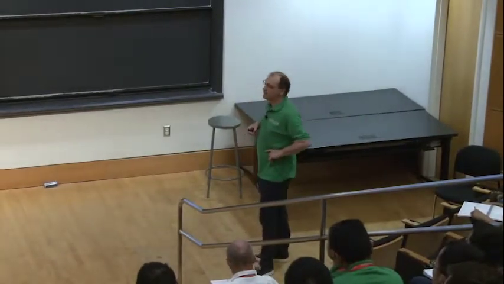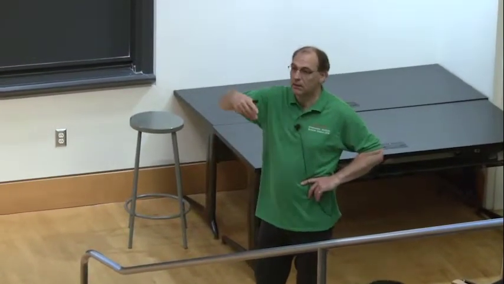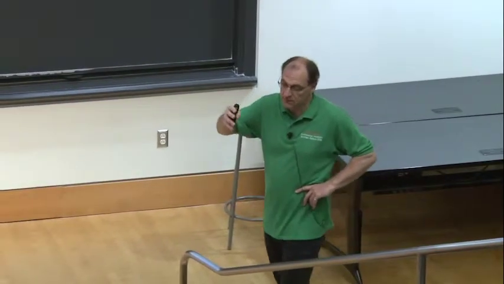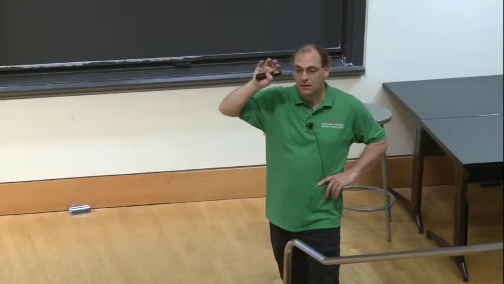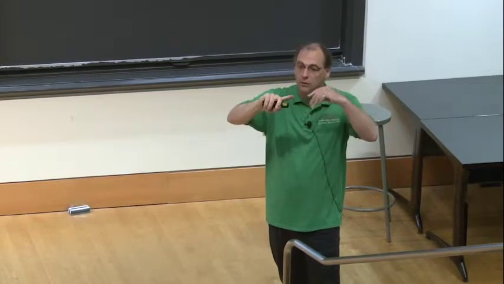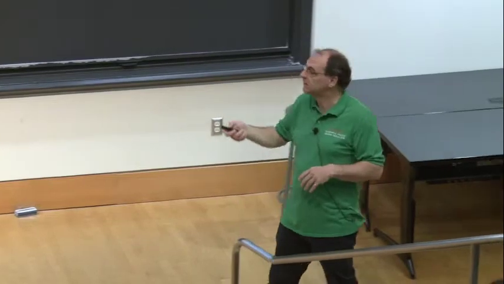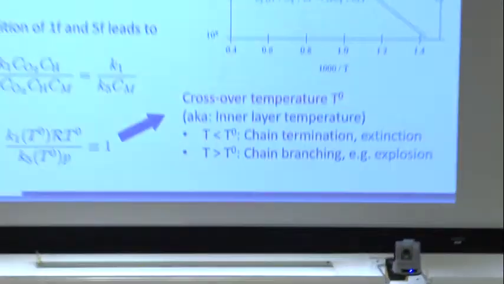Yes, you could call it the ignition temperature, but ignition temperature would mean, or you could think this means, this is where the radicals are being formed. But here, really, the more important point is not that it ignites at that point, but that you have a competition. On one side, this process is faster. On the other side, that process is faster, which is why we call it the crossover temperature.